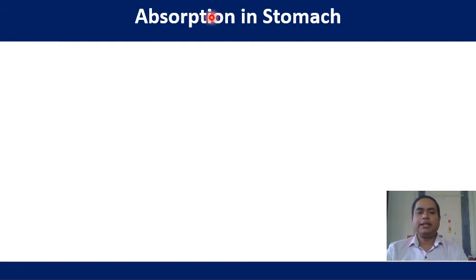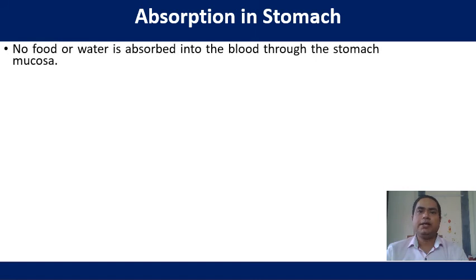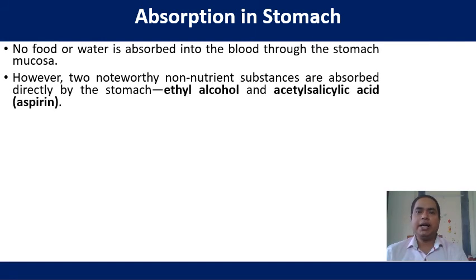Now we will see the absorption in the stomach. Actually, no food or water is absorbed into the blood through the stomach mucosa. However, two noteworthy non-nutrient substances are absorbed directly by the stomach, that is ethyl alcohol and acetylsalicylic acid, also called aspirin.